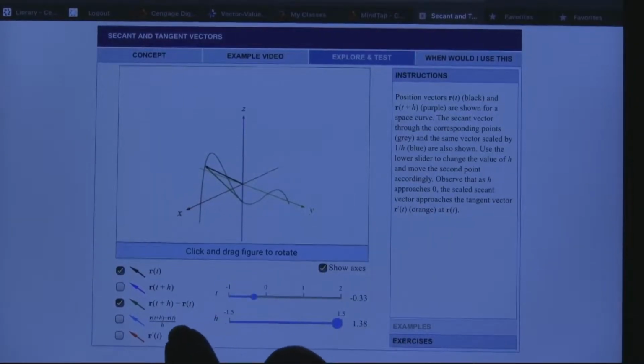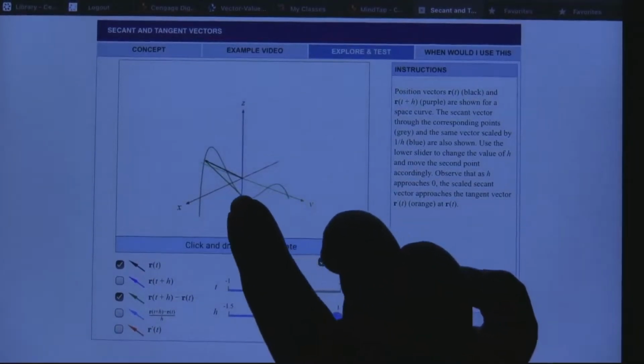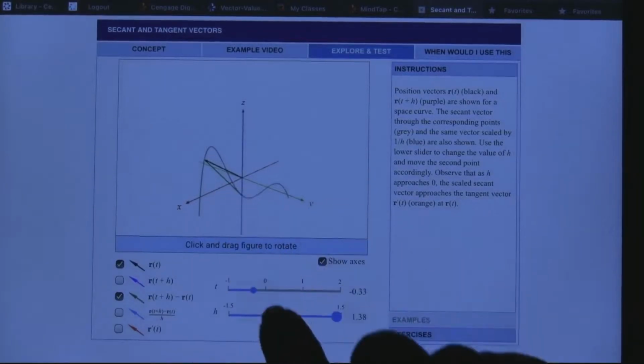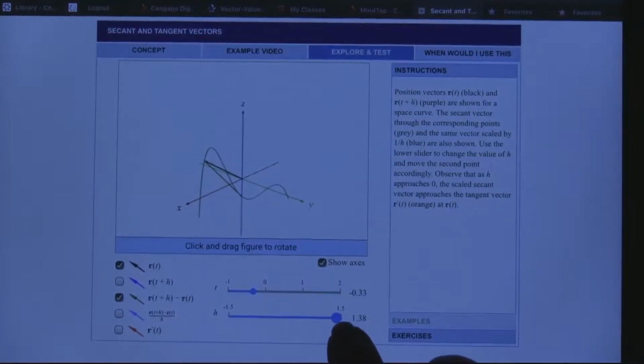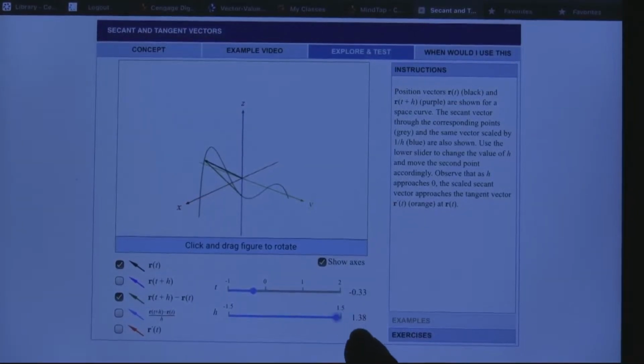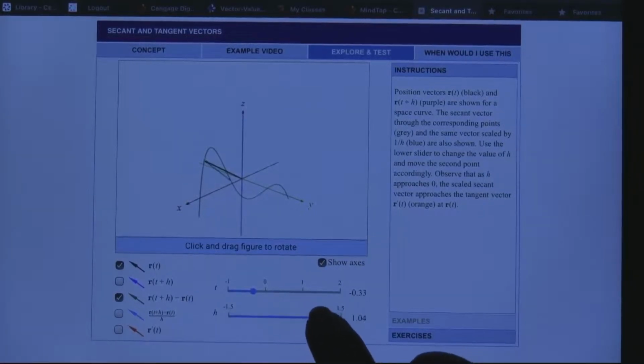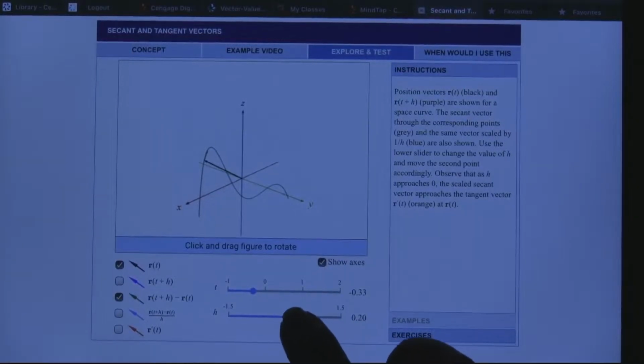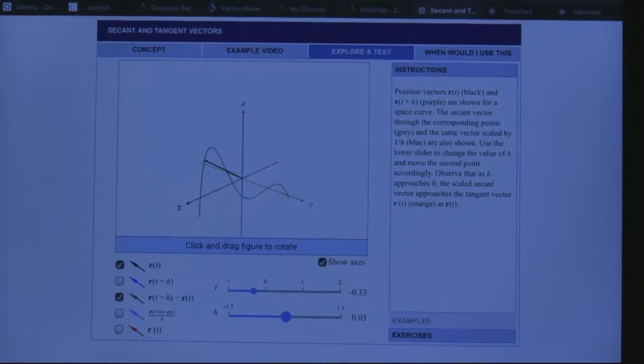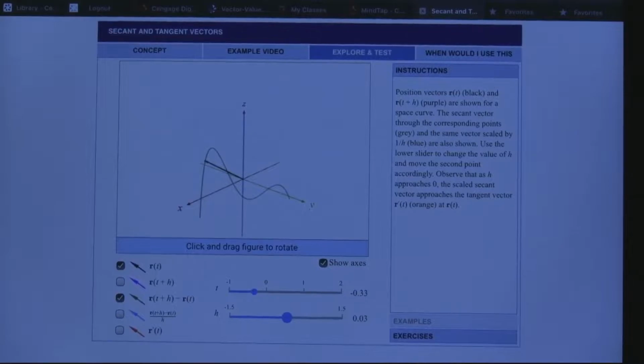But you can see that that vector now is in green, and you can see that they're kind of far apart because h is 1.5. As I move this closer, you can see that vector there in green, and as I get h closer and closer to 0, at 0.3 it's getting really close to being right there, the two vectors together.